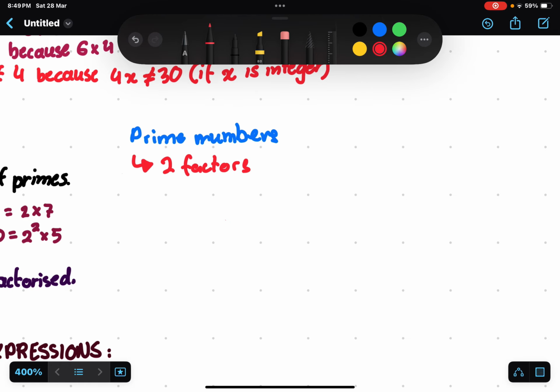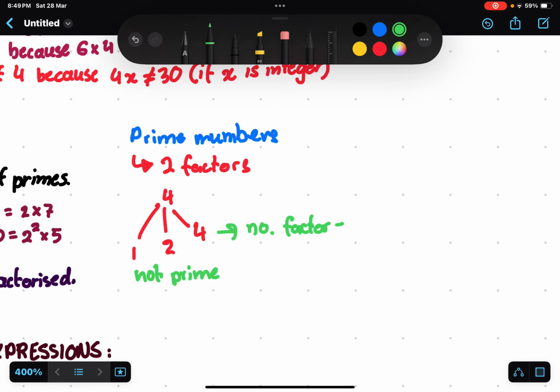So if we take the example of 4, the factors it has are 4, because 4 divided by 4 is 1, 2, because 4 divided by 2 is 2, and 1. So here, 4 is not prime, because our number of factors equals 3.